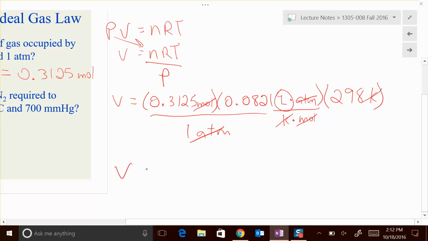What is the volume? 7.645. It rounds to 7.65. Okay, we'll just say that.